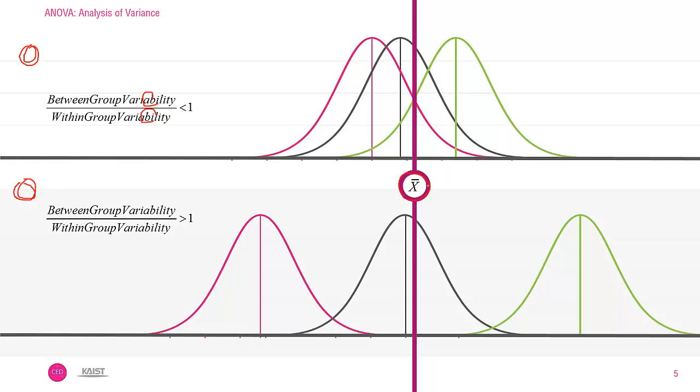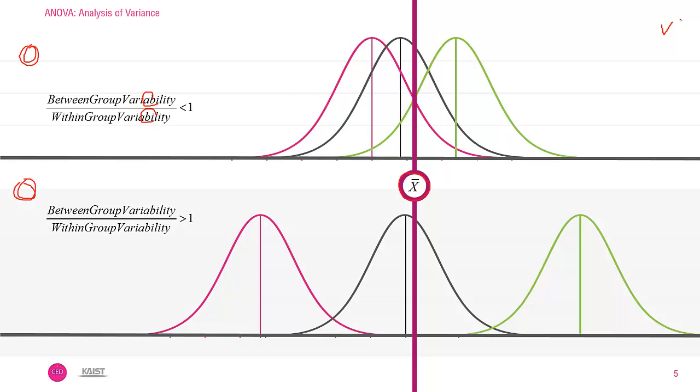Then let's try to describe the difference between the upper chart and the lower chart. Compared with the lower chart, in the upper chart, pink, gray, and green distributions are more intensively overlapped.